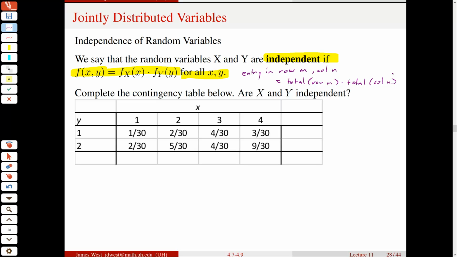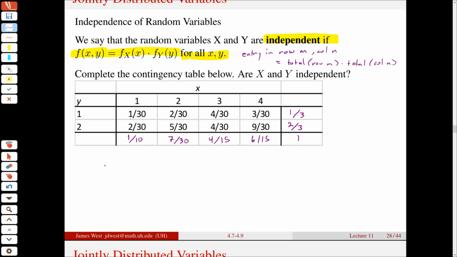So let's find our marginals. 1 plus 2 plus 4 plus 3 gives me 10/30. 2 plus 5, well, I can figure out that this would have to be 2/3 just because they have to add up to 1. Adding up the columns, I get 3/30, so 1/10, 7/30, 8/30, which is 4/15, and 12/30, which is 6/15.